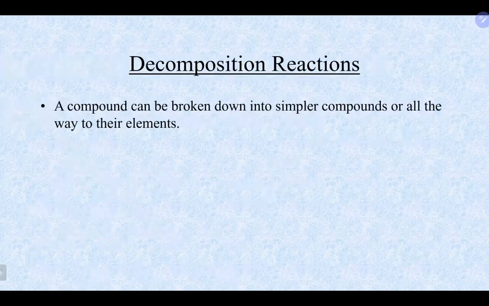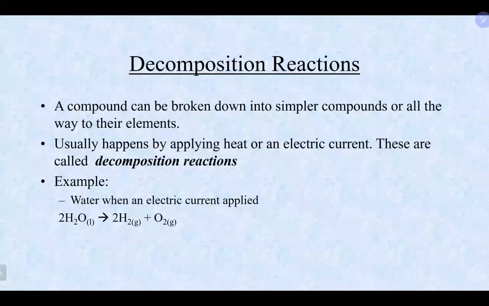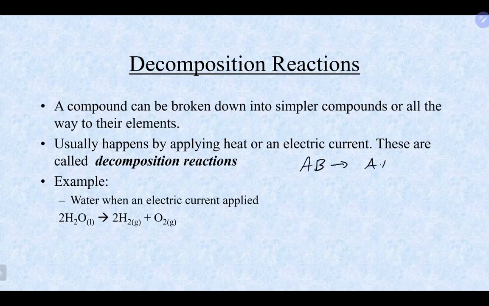So the last one here, I think, should be the opposite of synthesis or combination, and that is decomposition. And it really is the reverse there. It basically is one thing makes multiple things. So again, like you did with the little battery and the little container the other day, run an electrical current over water, one thing makes two things. Same thing here when we do electrolysis: this is +1, this is -2, 0, and 0.